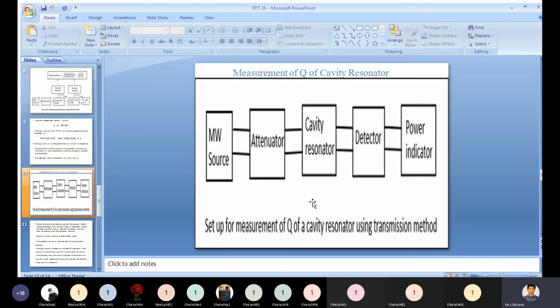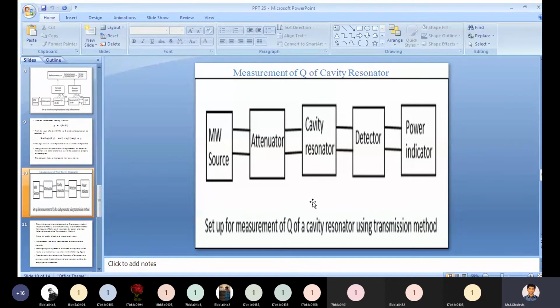See from the diagram, between the attenuator and detector, you need to keep the cavity resonator. Remaining everything is the same as it is. There is no change in that.